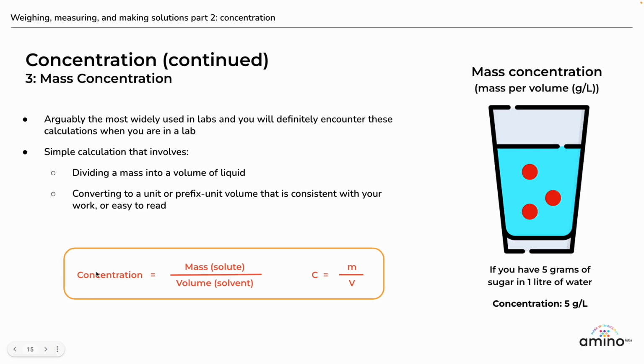So in short, we've got concentration, big C, equals mass of the solute, so that's the solid, which is a small m, divided by volume, which is the solvent, so divided by big V, right? On the right, we have a super simple example where we have a mass per volume in grams per liter. And this can be the case if you've got, let's say, 5 grams of sugar in 1 liter of water. Your concentration would be 5 grams per liter.